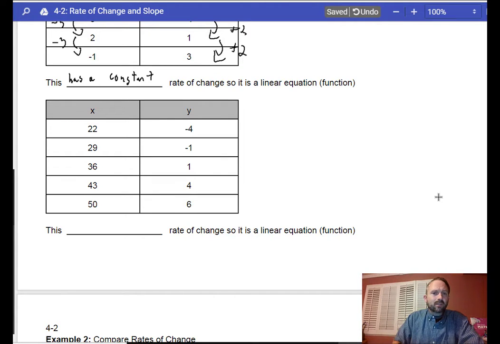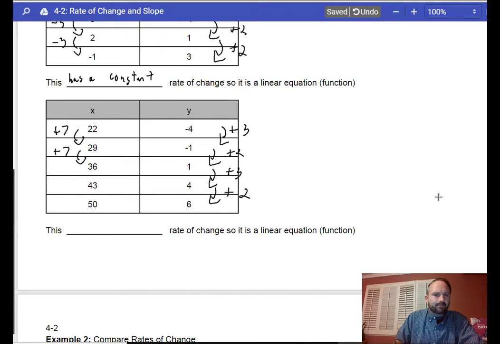So the next one, negative 4 to negative 1, that's going to be plus 3. Negative 1 to 1, plus 2. To get from 1 to 4, that's going to be plus 3. To get from 4 to 6, that's going to be plus 2. All right, so I know from 22 to 29, that's plus 7. 29 to 36, that's going to be plus 7.